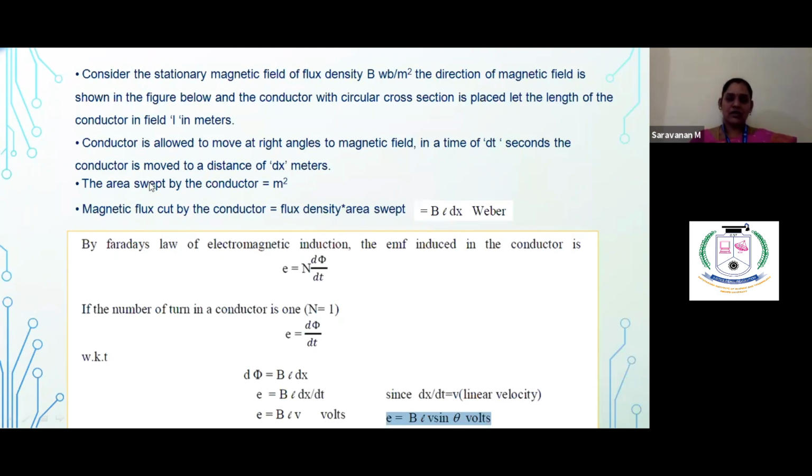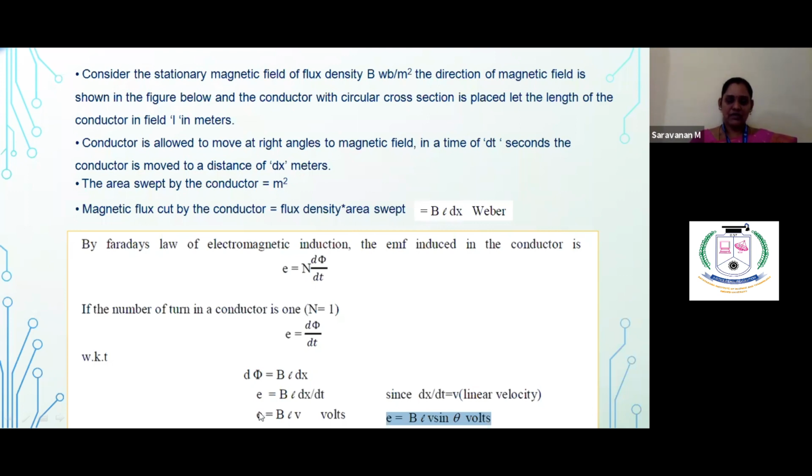So the induced EMF E is given as BLV in terms of volt. V is nothing but your linear velocity, which can be given as dx by dt. Now if it is going to move with an angle of theta, you will be getting the expression for the induced EMF: E is equal to BLV sine theta.